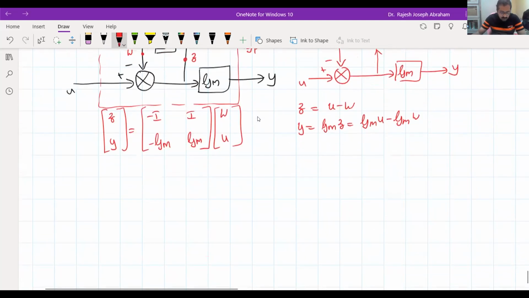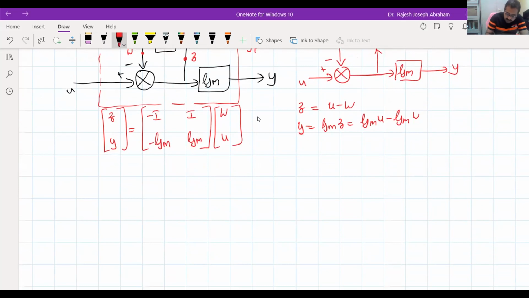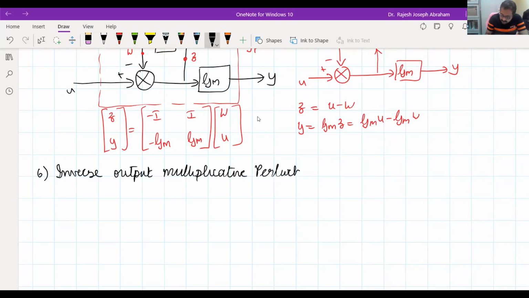And finally, we have inverse output multiplicative perturbation. So that means this will be the configuration.